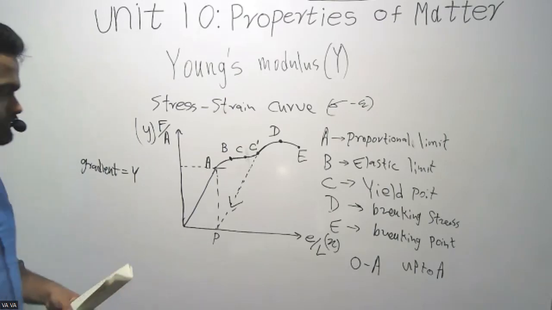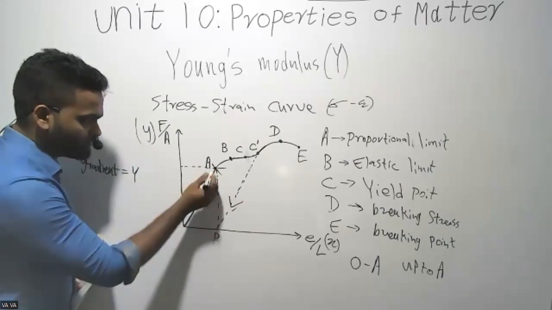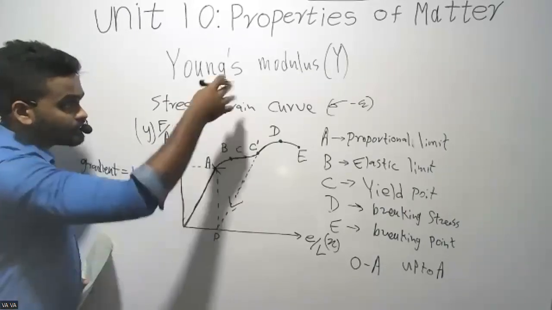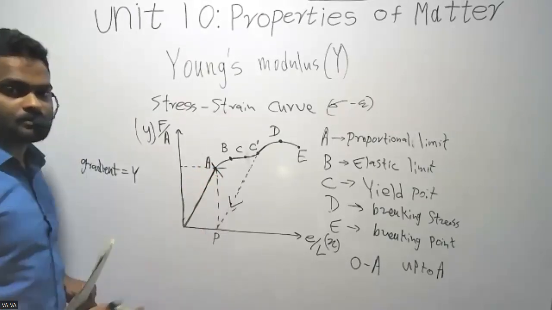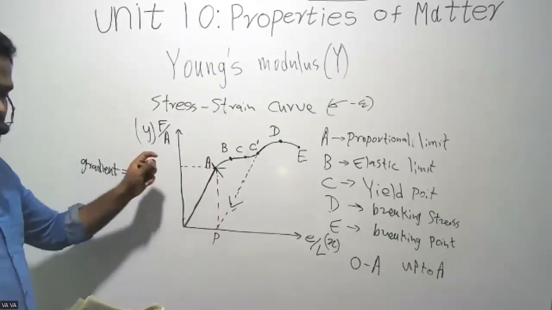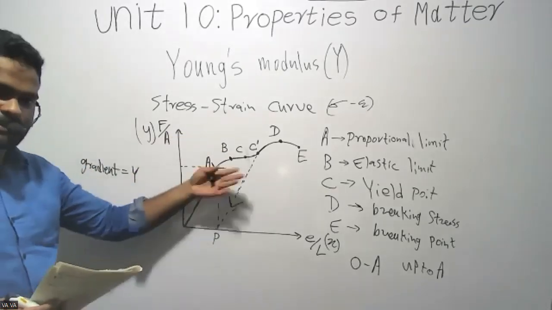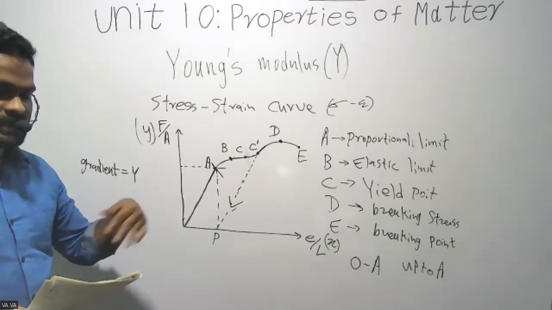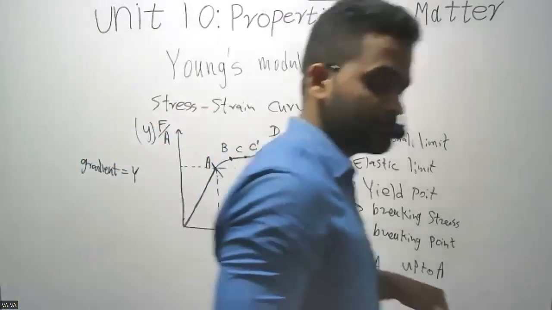So I talked up to A. Only up to A you can apply that equation, because only up to A it is proportional, right? Below this, what I'm doing is explaining this graph, so as I'm explaining this, understand. Okay, write down.